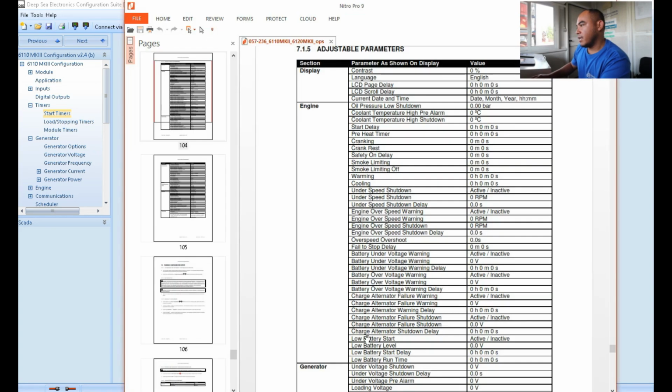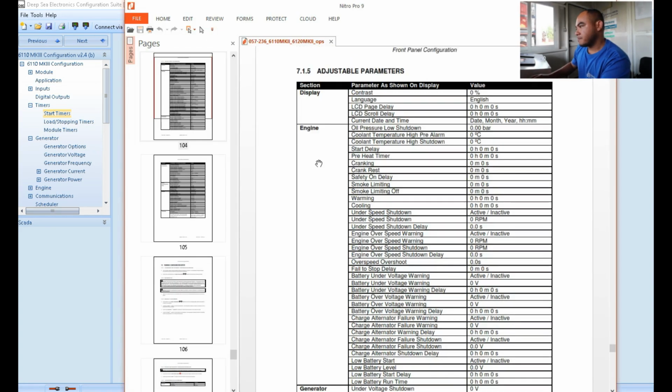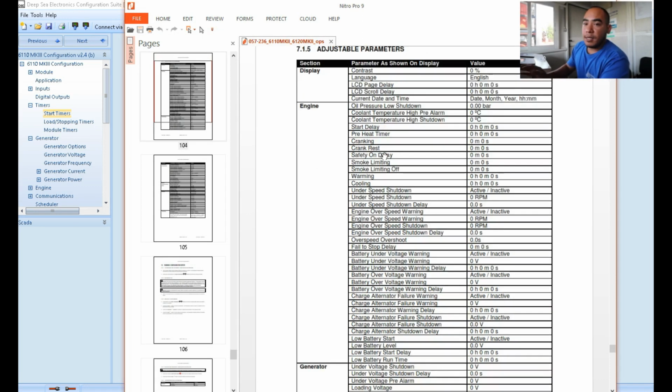Around here are our adjustable parameters, and this one is also adjustable parameters, because these are also the alarms which pop up on your module if there is some problem. This one is not the analog module, this one is the latest module, the digital module. Okay, there is no symbol at all, but it is written.